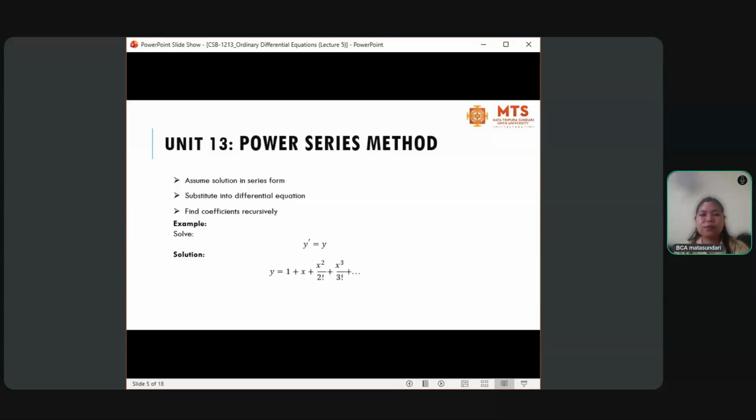Now, the power series method: assume a solution in series form, substitute into the differential equation, and find the coefficients recursively. Here is an example. Solve y dash equal to y, and the solution will be y equal to 1 plus x, plus x squared by 2 factorial, plus x cubed by 3 factorial, and so on.